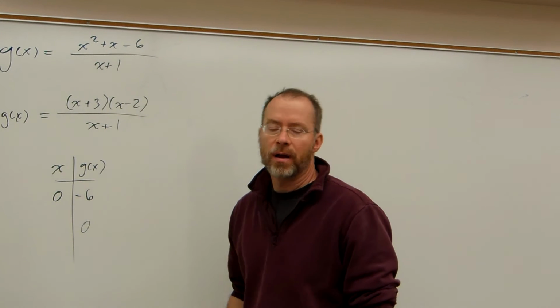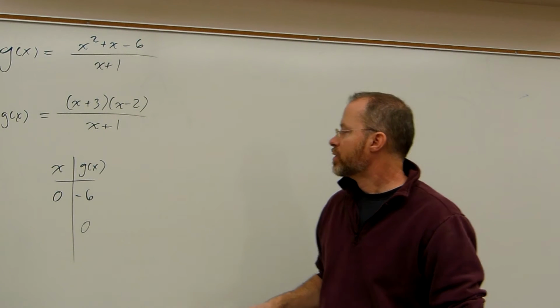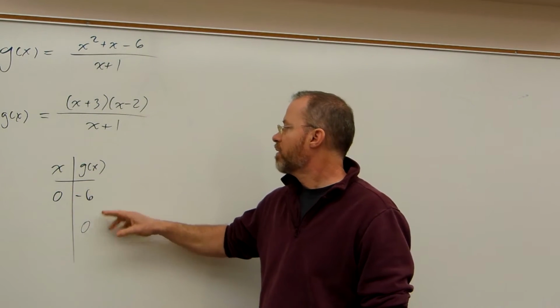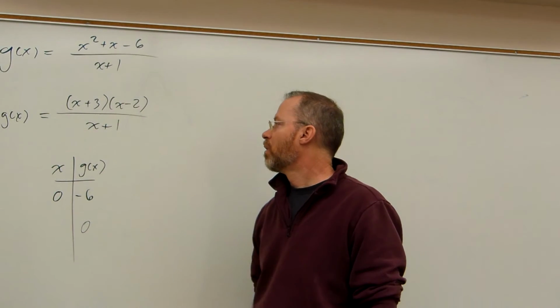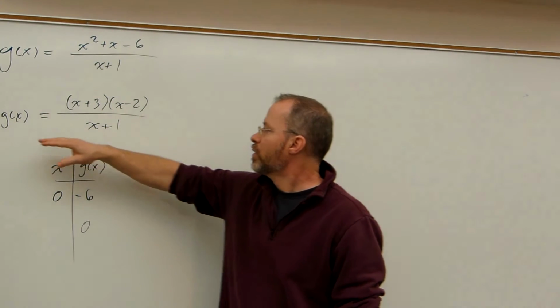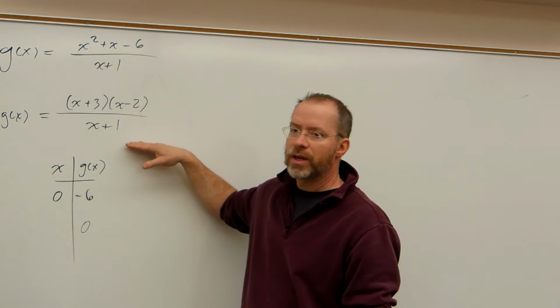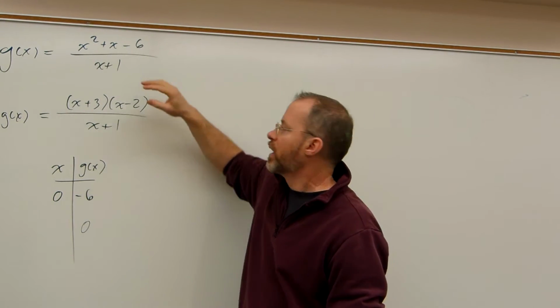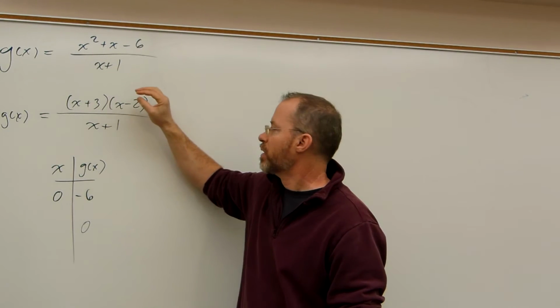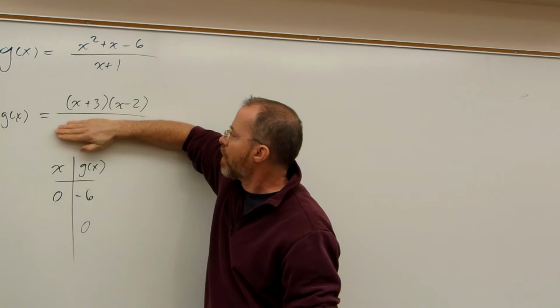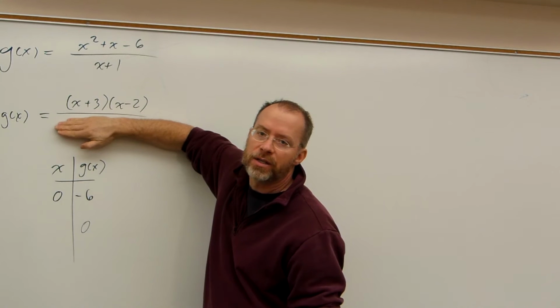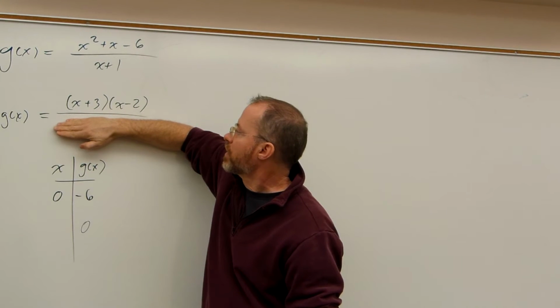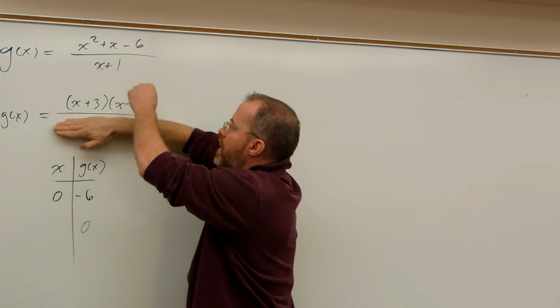How about any x-intercepts, or zeros of the function? What's going to give me an output of 0 for the whole formula? Well, here you can do a little bit of a trick with rational functions, and remember that fractions are equal to 0 if and only if the numerator is equal to 0. So I can actually kind of ignore the denominator and just say, what values of x are going to give me 0 up here?